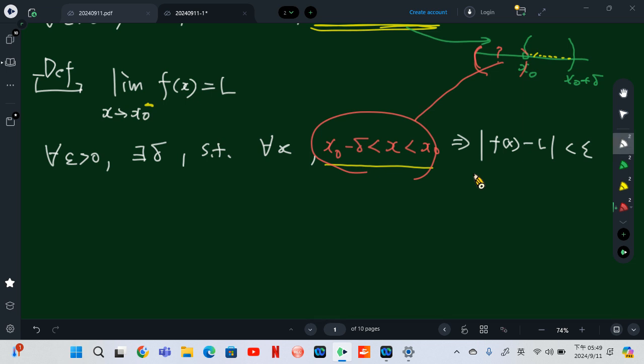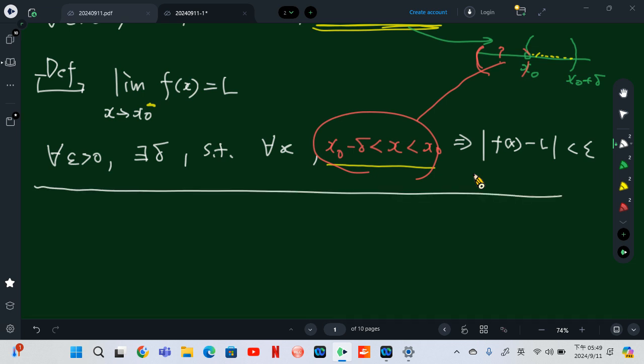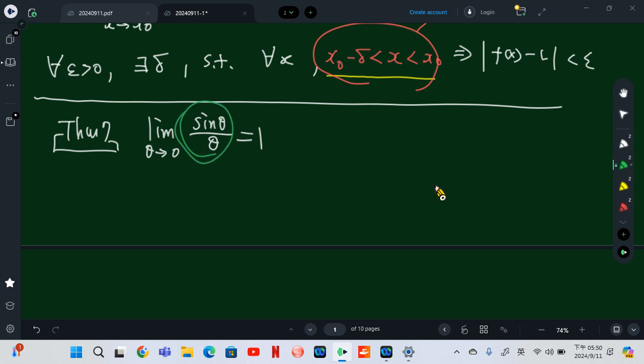Due to the time constraint, this time I will not give you an example, but I will show you Theorem 7 for the limit: as theta approaches 0, sine theta over theta will be 1. You can find this function is very interesting.